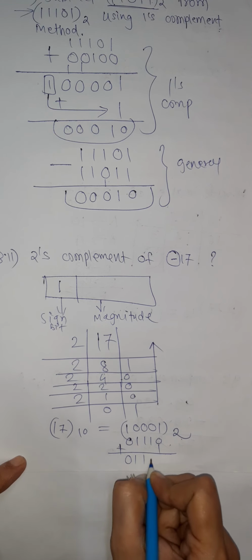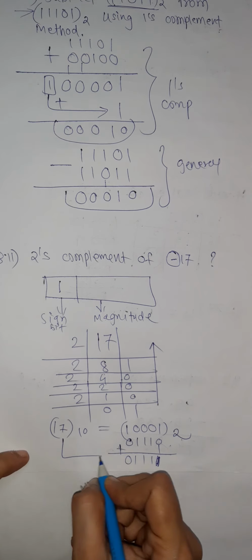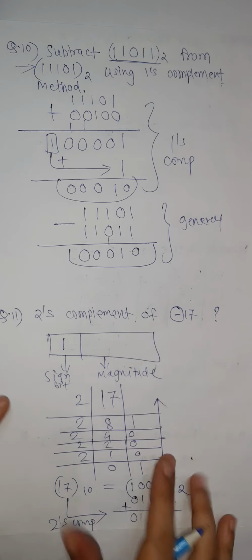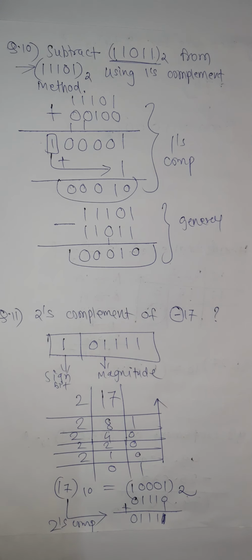So after adding 1 to the 1's complement, we will get the 2's complement format of 17 as 0 followed by 4 ones. So our final representation of minus 17 in 2's complement format is 101111, which will be our final answer.